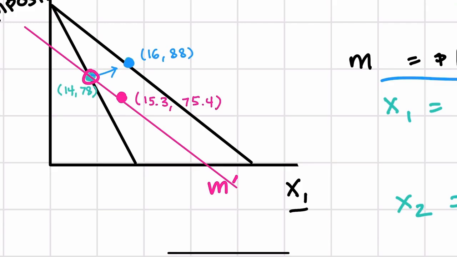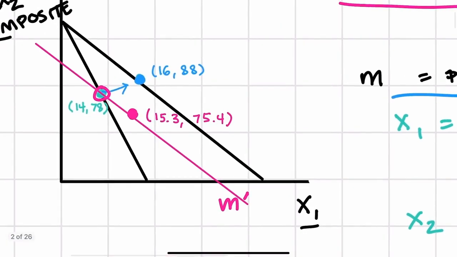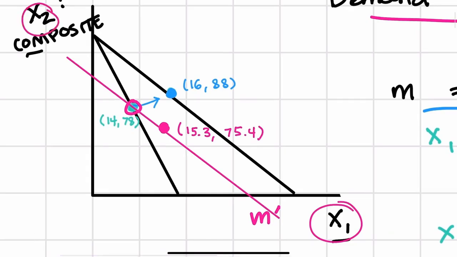And you can see after the relative prices changed, good 1 got less expensive compared to good 2, going from this original bundle to the new relative prices. As a result, we got more of X1 and less of X2, which makes sense because that's the direction that the relative prices were encouraging us to go. And that's the substitution effect right there.